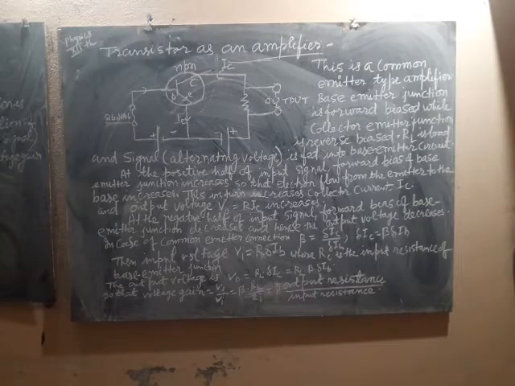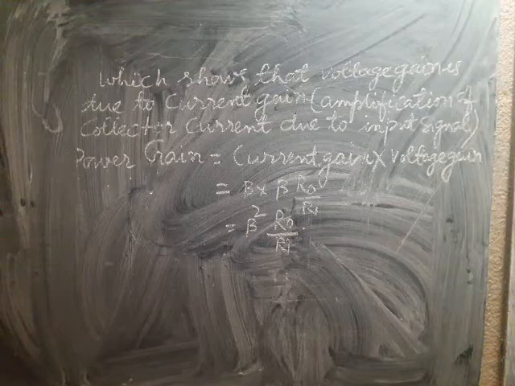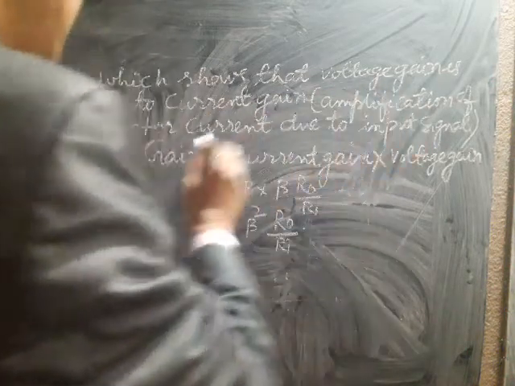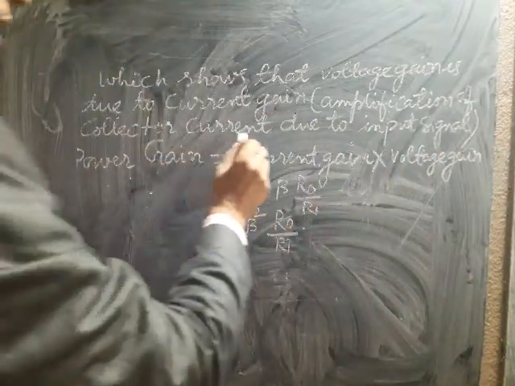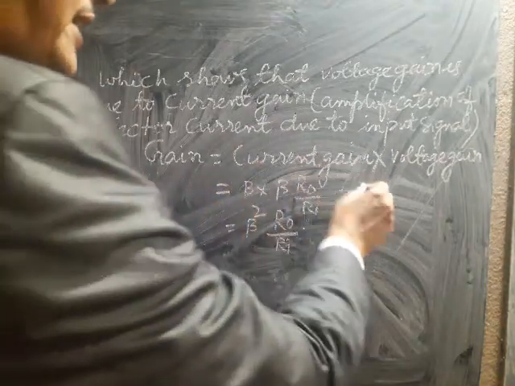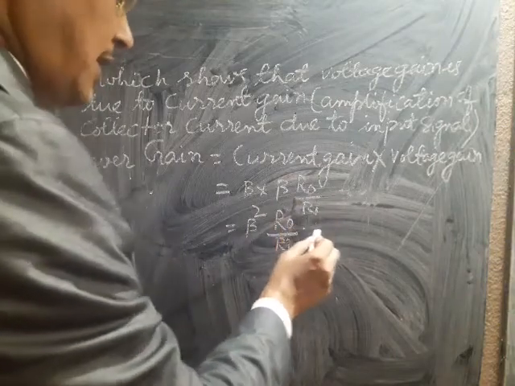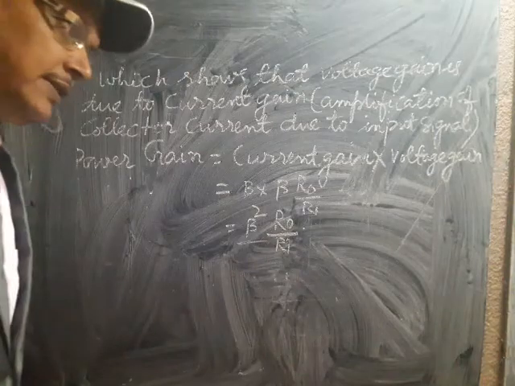One thing was left in this video, so I have written here that voltage gain is due to current gain, amplification of collector current due to the input signal. Power gain is equal to current gain into voltage gain, that is beta into beta RO by RI, that is beta square RO by RI.